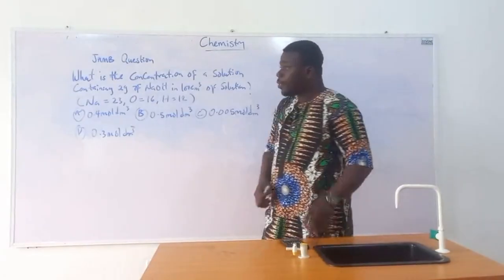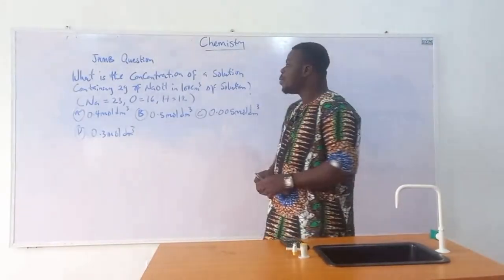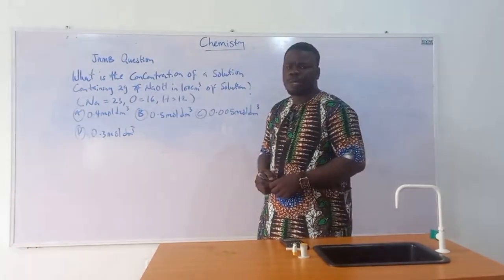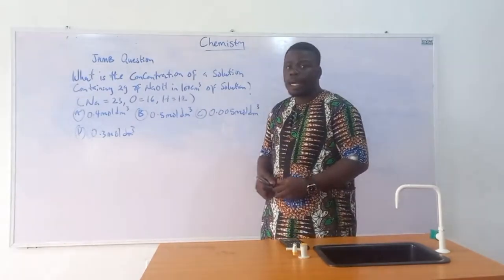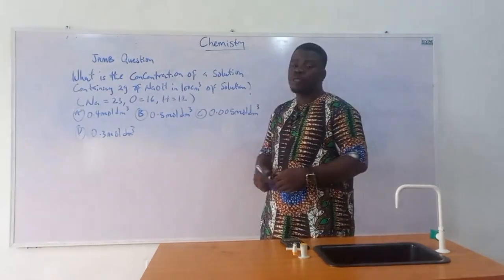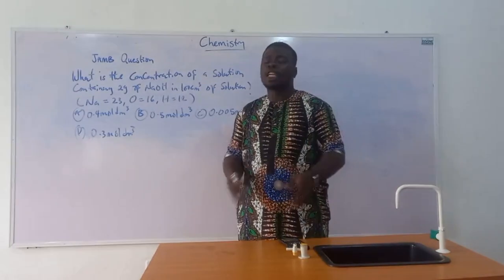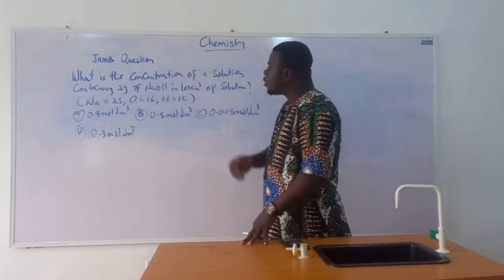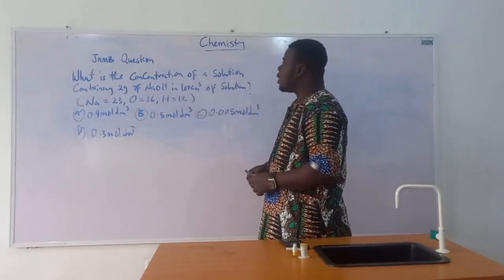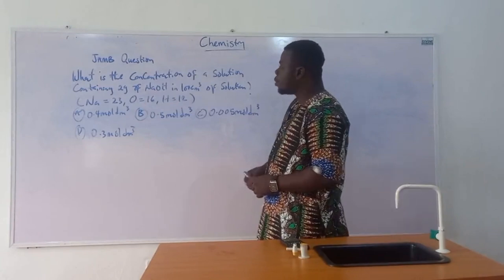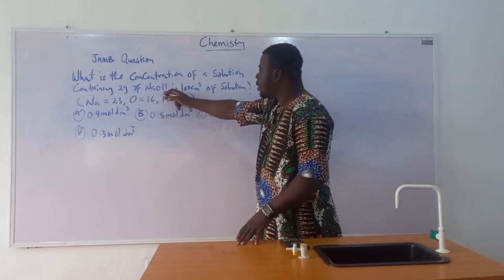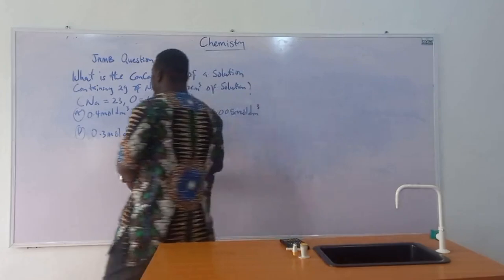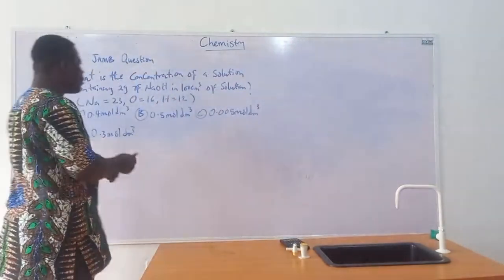Here's another question, and it's the final question for Stoichiometry, and I encourage you all to check your materials for more questions and join our community, because in our community we are going to solve a lot of questions on Stoichiometry. Now they said, what is the concentration of a solution containing 2 grams of this in 100 cm cube of solution? Now let's bring out our parameters.